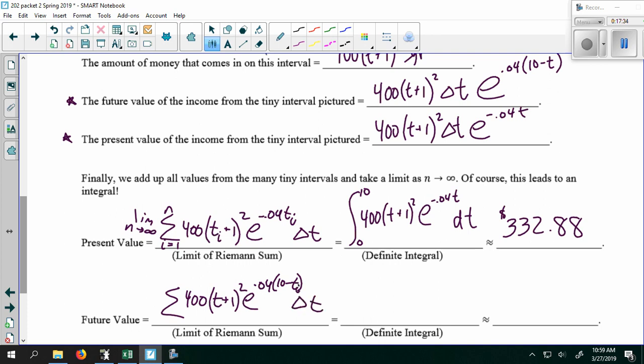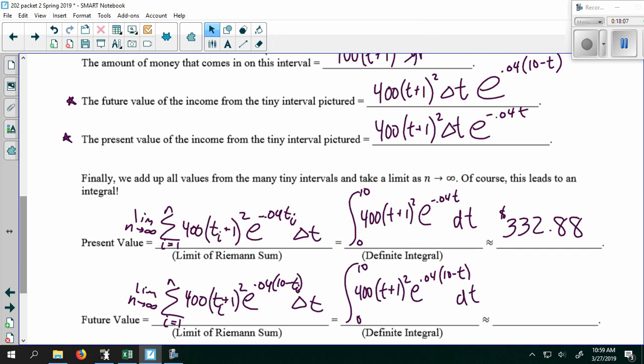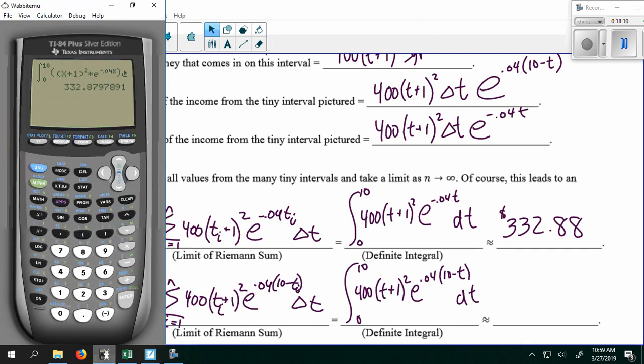And I should technically have some i's on my t's. And this goes from 1 to n, and I take the limit as n goes to infinity and convert that to a definite integral. And the bounds of integration are again 0 to 10. That's where I'm adding all these slices up, time 0 to time 10. And we'll calculate the future value of our business 10 years after we open the doors.